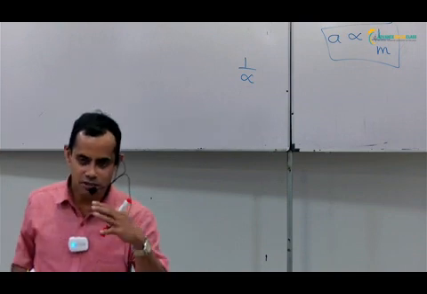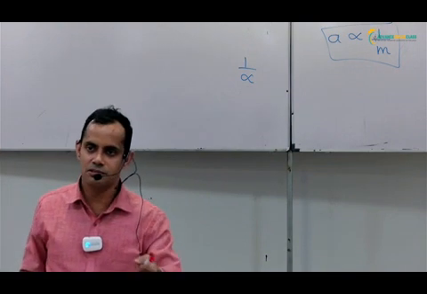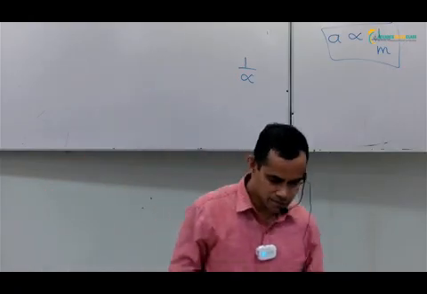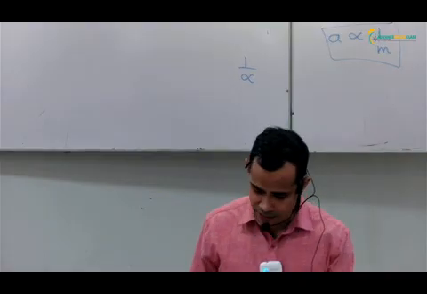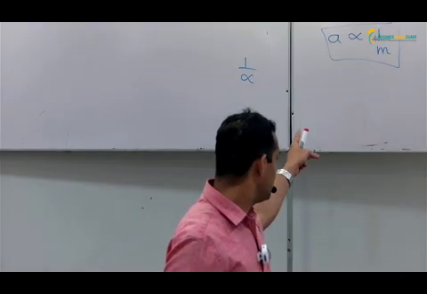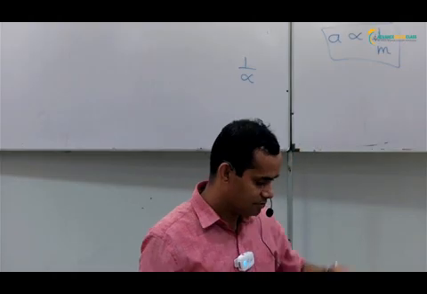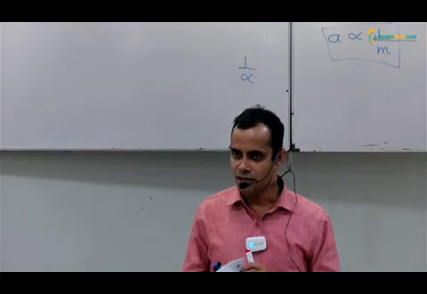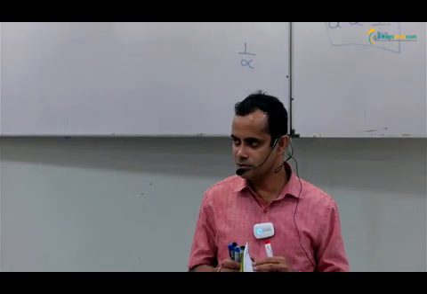You convert word by word into symbol form. Acceleration is directly proportional to force. You get it? Second one, acceleration is inversely proportional to the mass. Write the second one, A alpha inverse of m. That is how to write it. Up to now okay? So far so good.